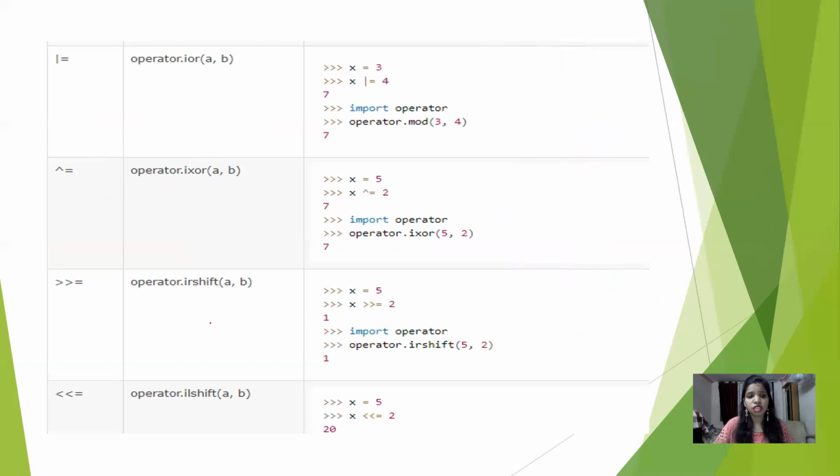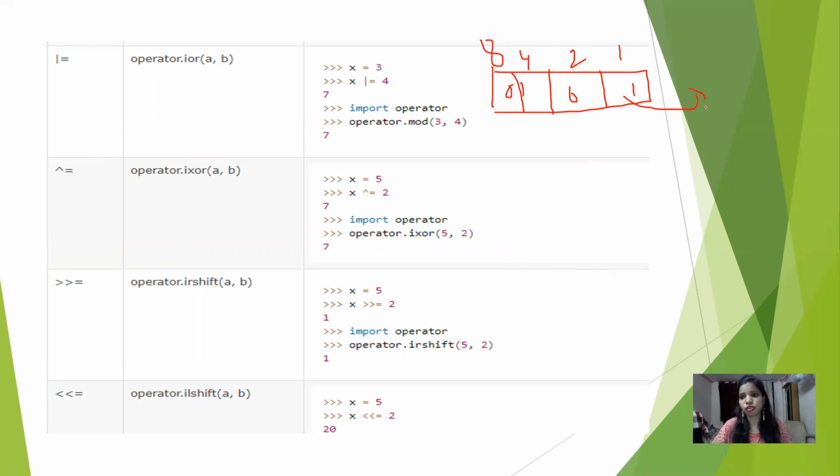Okay. Now right shift, that is important. Right and left shift. The number is 5 and you are shifting it by 2 in the right direction. So the number 5 is 0 1 0 1. Remember these are the positions 1, 2, 4, 8. Now you are shifting it to the right side.